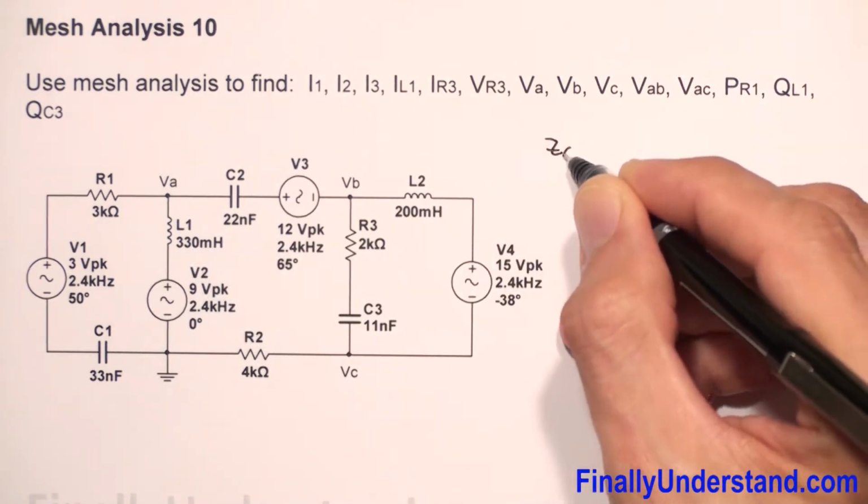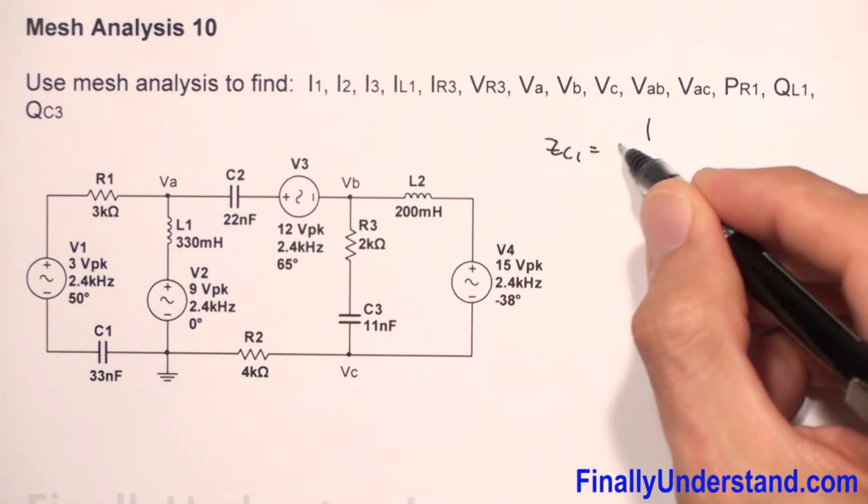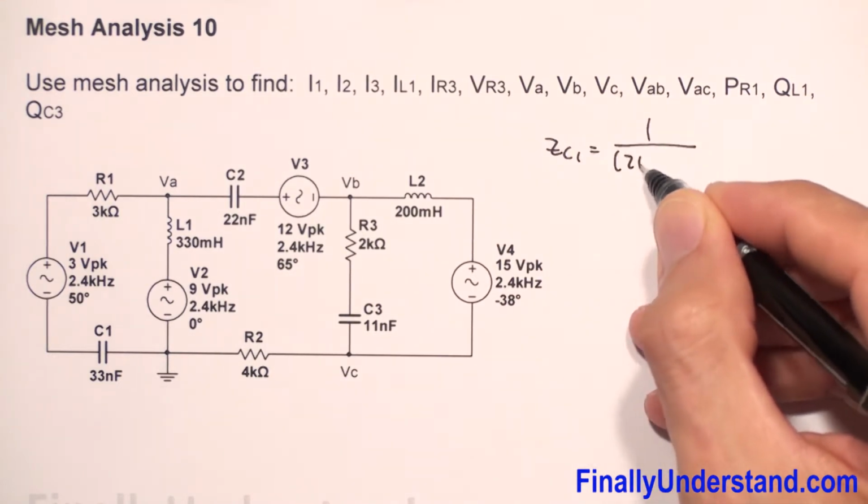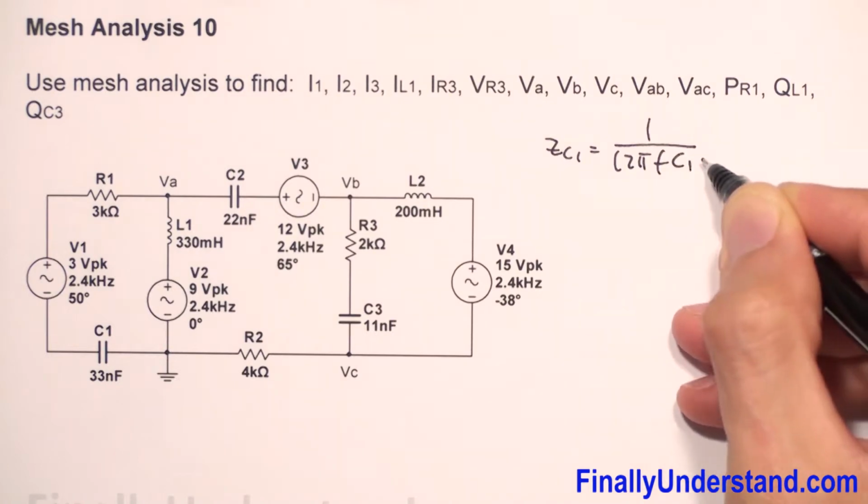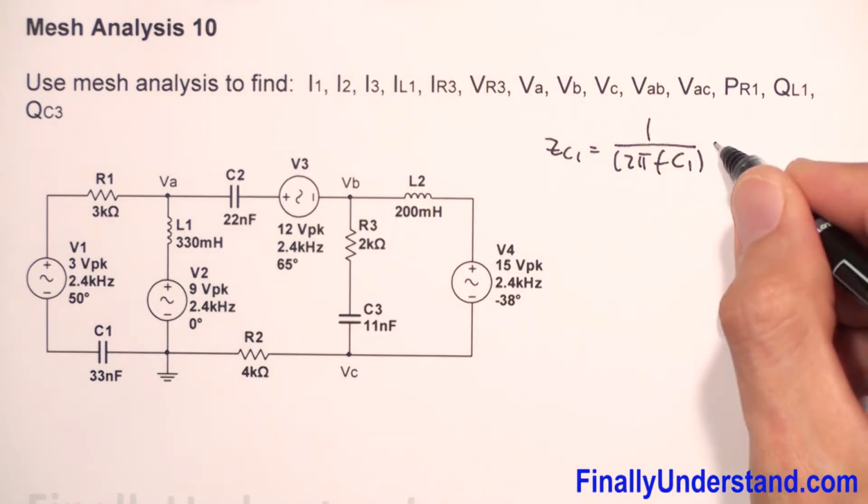So I have ZC1 is equal 1 over, open parenthesis, 2 pi FC1. Write always formula first.